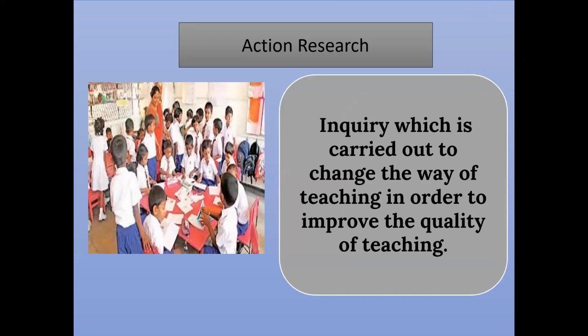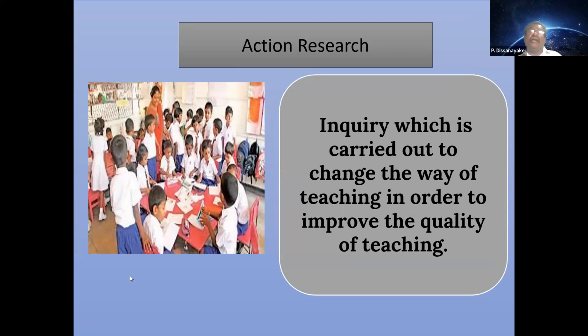So classroom action research is really an inquiry which is carried out to change the way of teaching, to improve the quality of teaching. You are doing something in order to improve the quality. You have a problem: how can I improve the reading skills of my students?